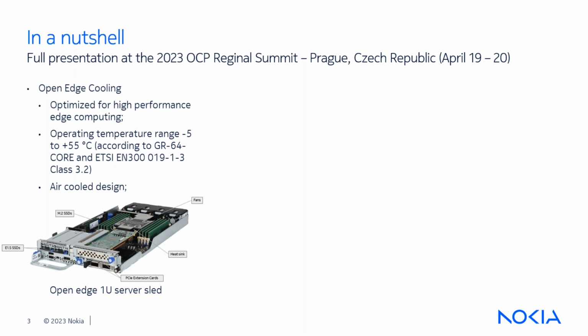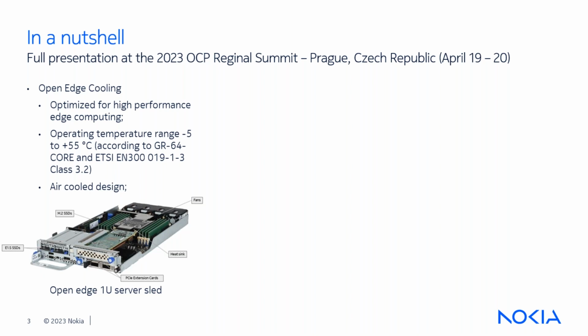The fans are located in the sled, and each sled carries its own fans, with different kinds of fans for the 1U and the 2U designs. This traditional system works, and its efficiency for the OpenEdge, especially this new generation that Samuli presented, is now approved for these temperature ranges.